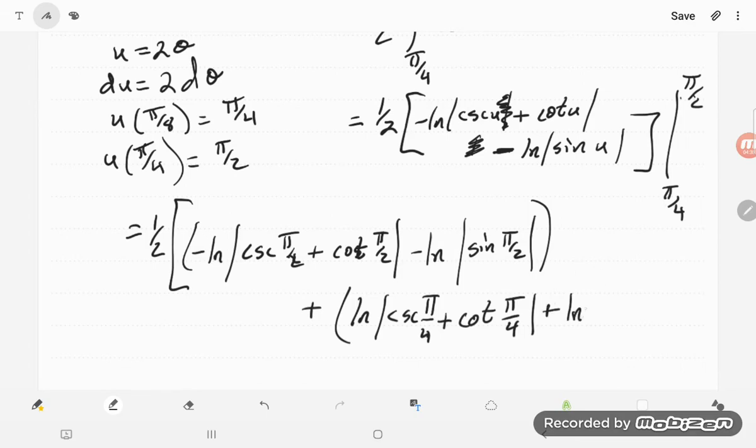And we have the natural log of the absolute value of sine of pi over 4. Whew. A lot of stuff there.